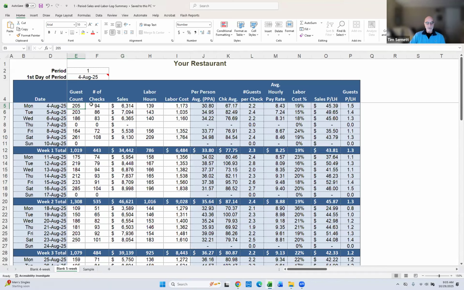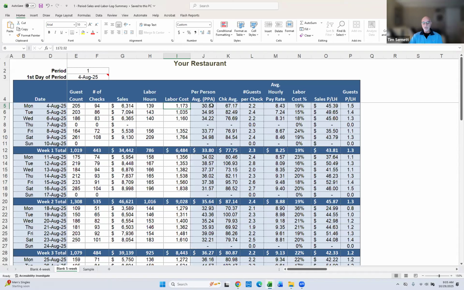It's the guest count from your point of sale system, the total number of checks, the sales for the day, labor hours, and you might have to go into the payroll system, but your point of sale probably will give you the total labor hours. And if you have hourly rates plugged into your point of sale system, it will probably give your labor cost. But you may need to go to your labor system, your payroll system, to get that labor cost number.